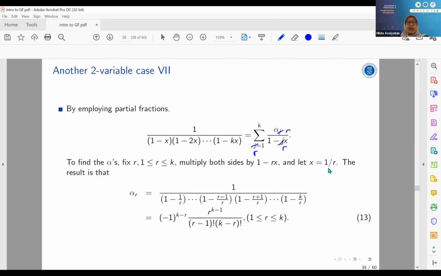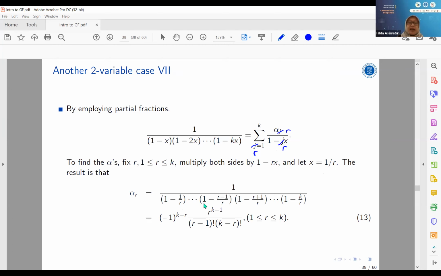All the terms in the right hand side will disappear, except one term. From there we will have that alpha_r equals this, with x substituted by 1 over r.